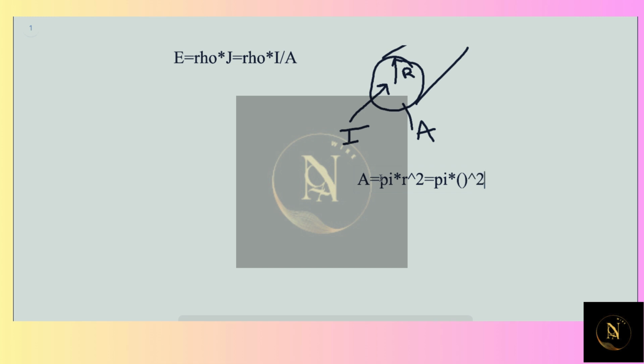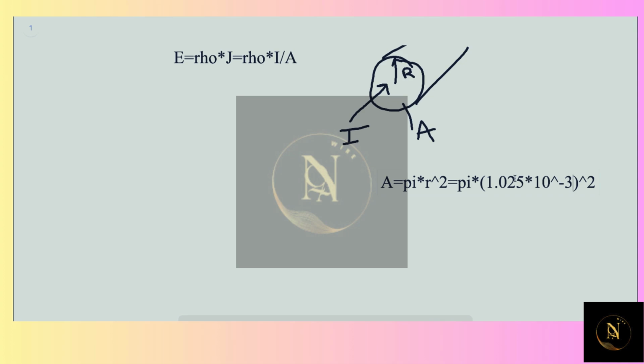So A equals pi times r squared equals pi times 1.025, and then it's millimeters, so we need to convert it to meters because I just want to use SI units for the problem, to ensure that the electric field is coming out in proper units.